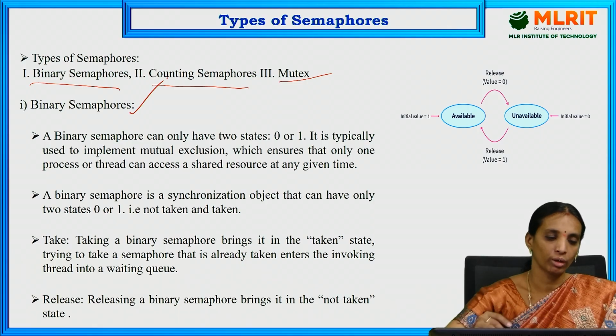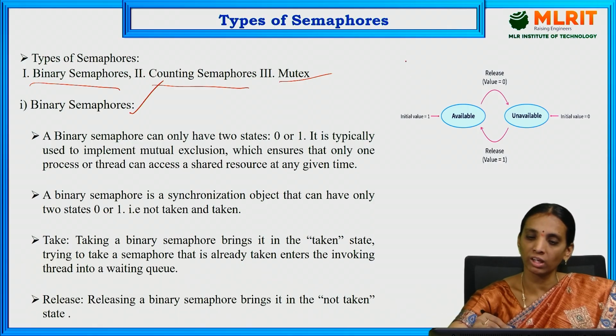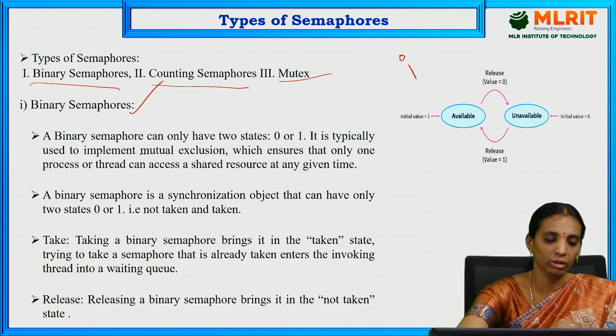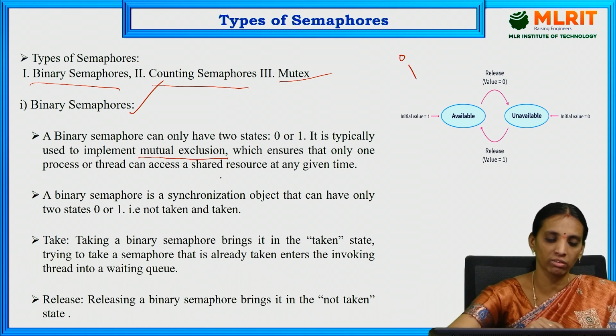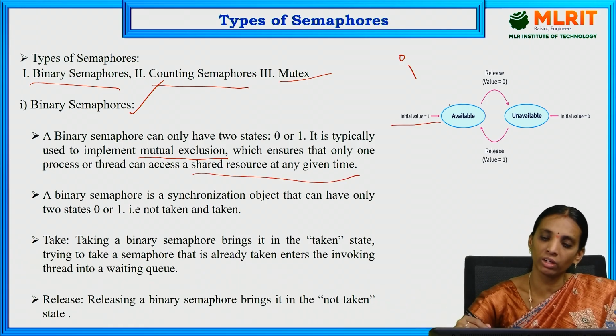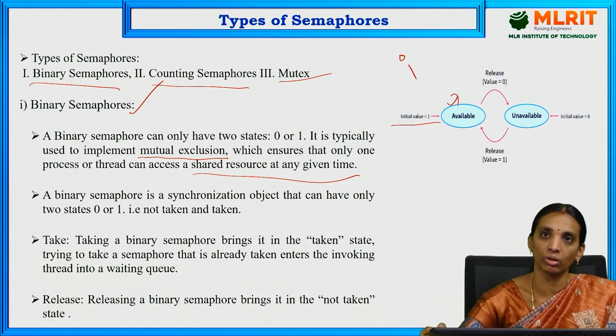Binary semaphore means it has only two states, 0 and 1. It is used for implementing mutual exclusion, so it ensures that only one process can access the shared resource at any given time. If the value is 1, it indicates that the resources are available.